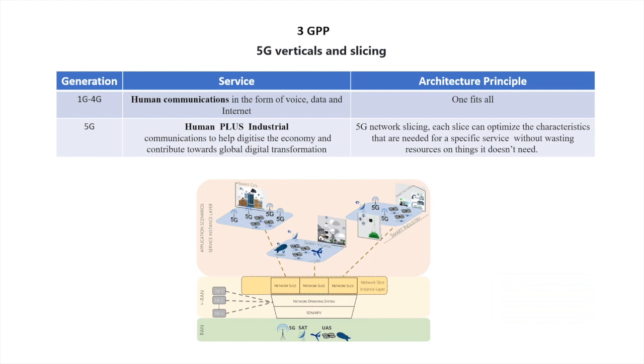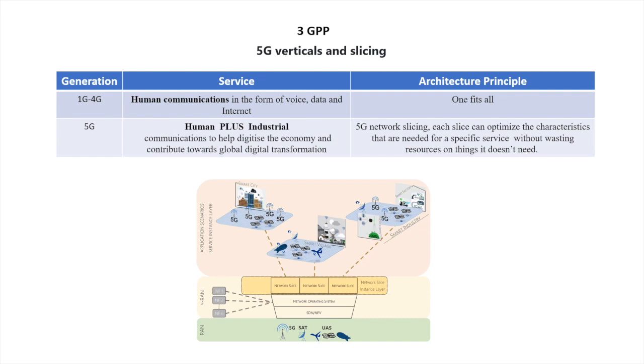Before reviewing 3GPP standards related to unmanned aircraft vehicles, I'd like to introduce one of the key features of the 5G network, which is 5G verticals and slicing.